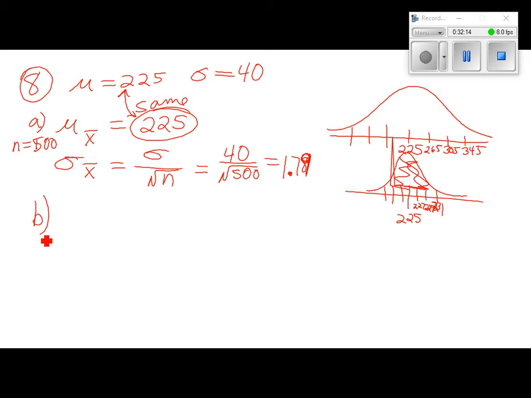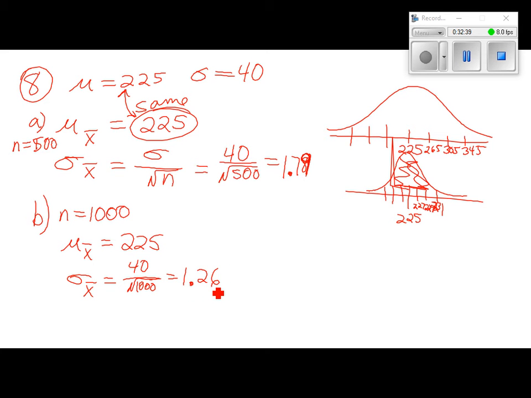Part B says N is 1,000. What's the mean of the sample means going to be? 225 still. Standard error, 40 divided by the square root of 1,000, which is 1.264. Anybody else get that?